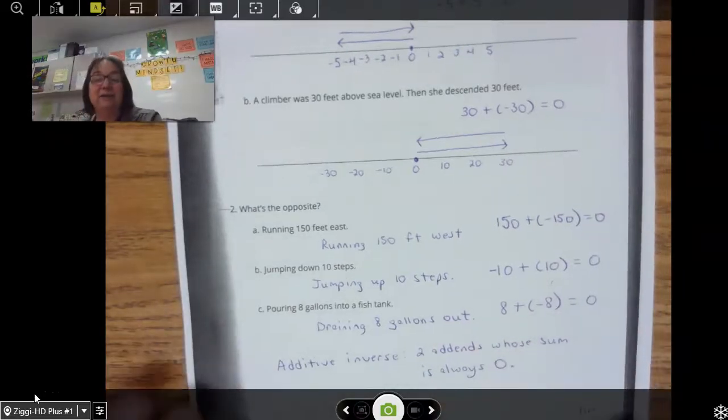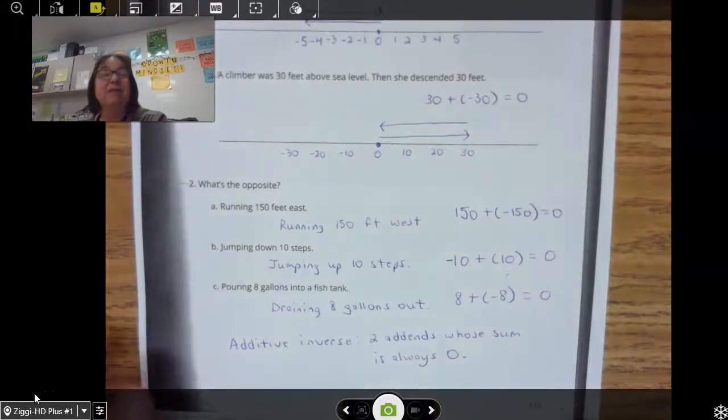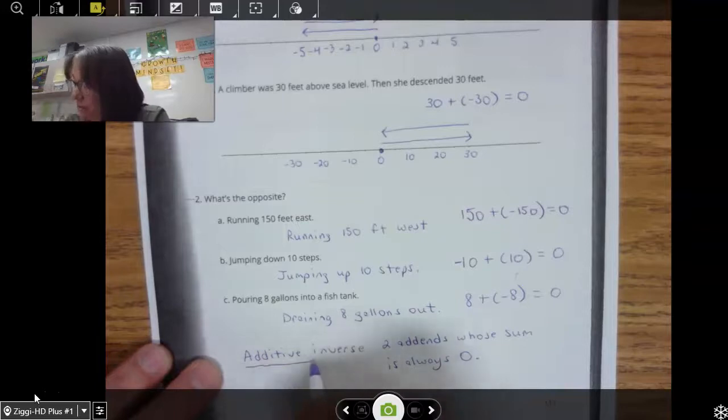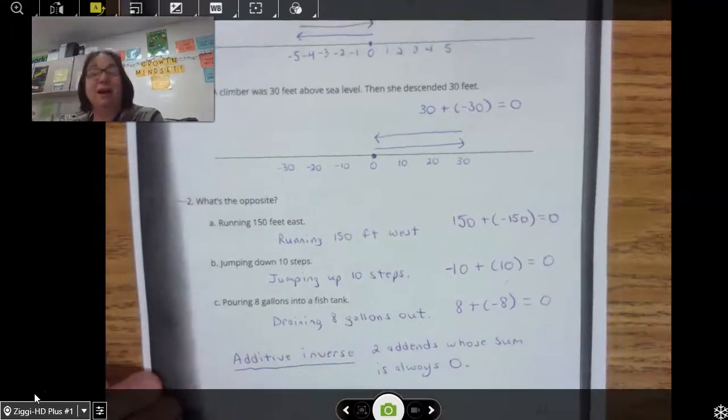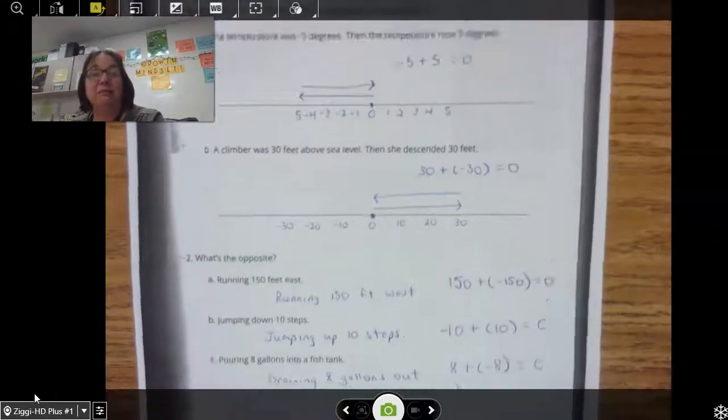Those are called additive inverses. So 7 plus -7, 9 plus -9, -5 plus 5. That is an additive inverse. And we have lots of examples of that on this whole page.